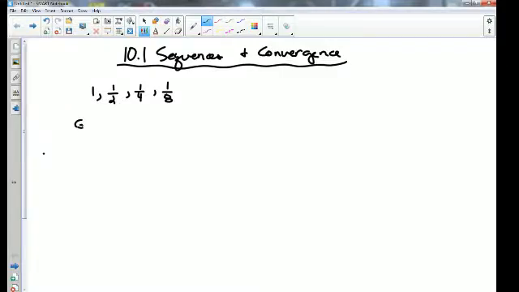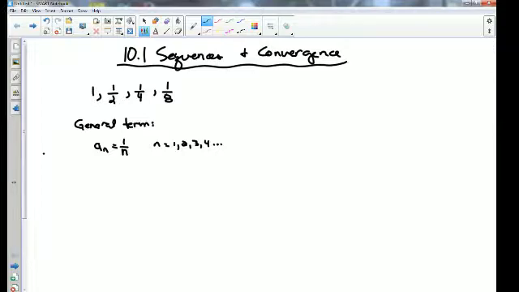In the general term, it's noted like this. We'll want to make sure that we say that n is the positive integers, or n is greater than or equal to 1.